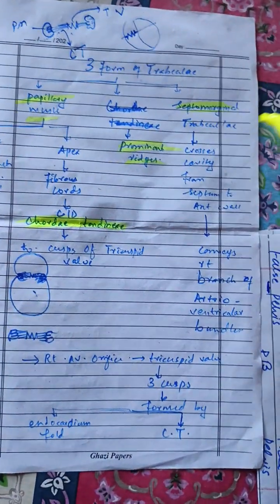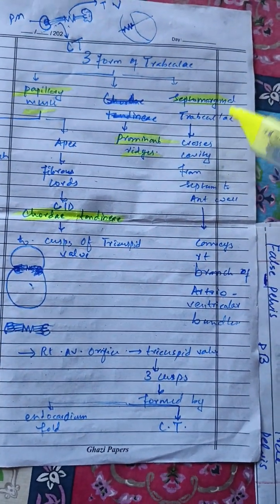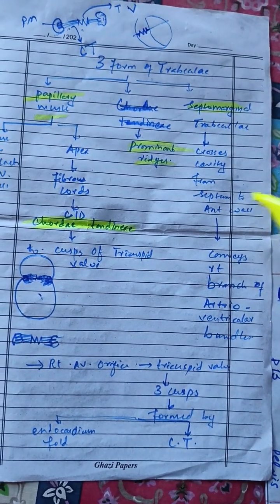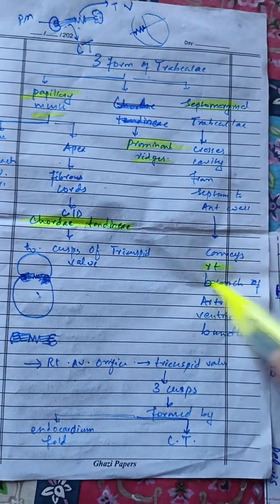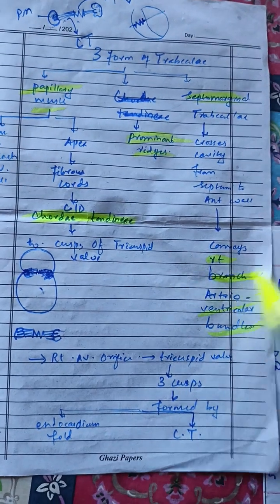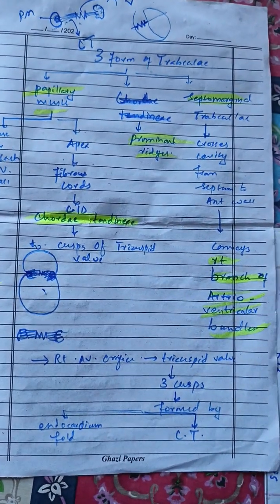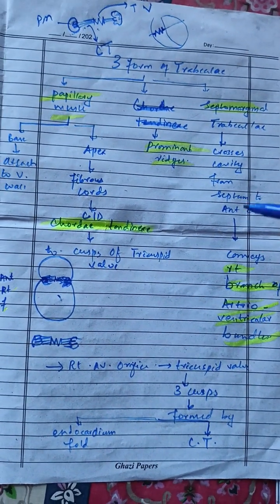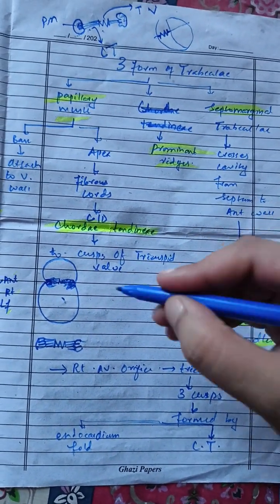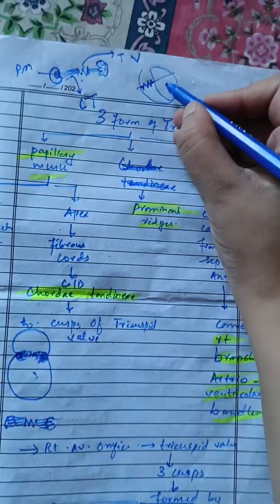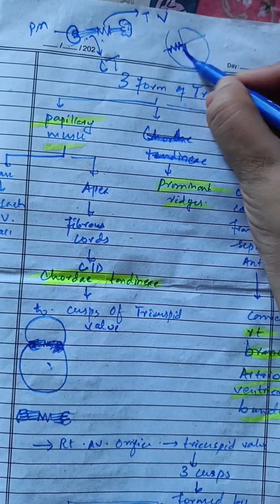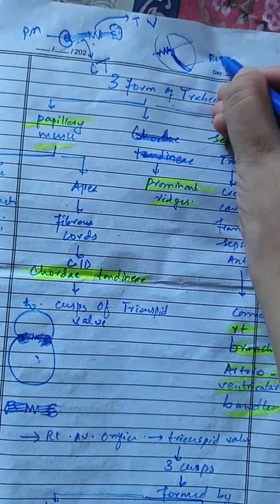And the septomarginal trabeculae basically cross the ventricular cavity from the septum to the anterior wall and convey the right branch of the atrioventricular bundle. In the septum of the ventricle there are some fibers which convey the electrical activity within the heart, and these are called the bundle of His.